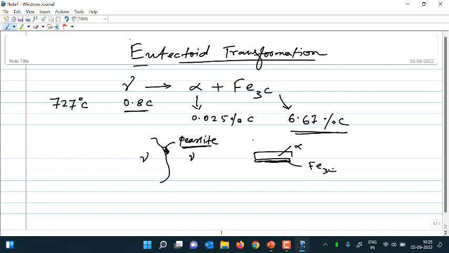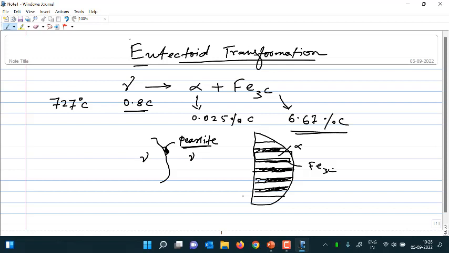So if it forms like that, let's say around this region, it is forming in that manner. Through this schematic, let us try and understand that.